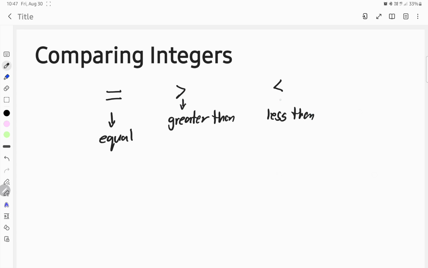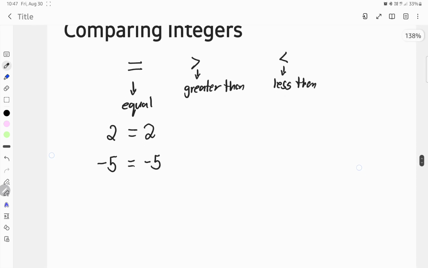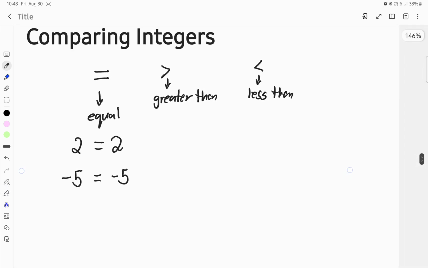These have different relationships between the two values you are comparing. A clear example with two positive numbers is 2 is equal to 2, because 2 has the same value on the left side and the right side. Another, negative 5 is equal to negative 5, where they are equal in position. If you visualize that on the number line, they have the same position.